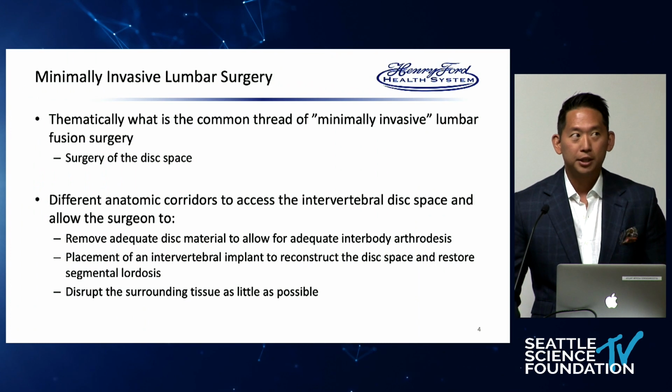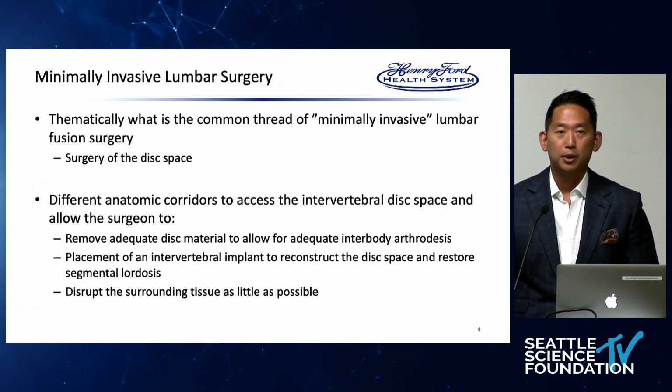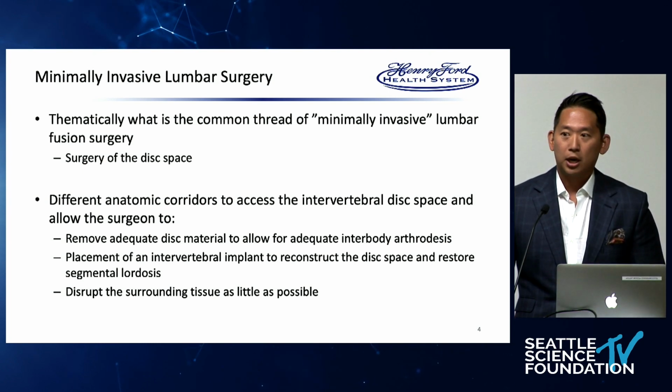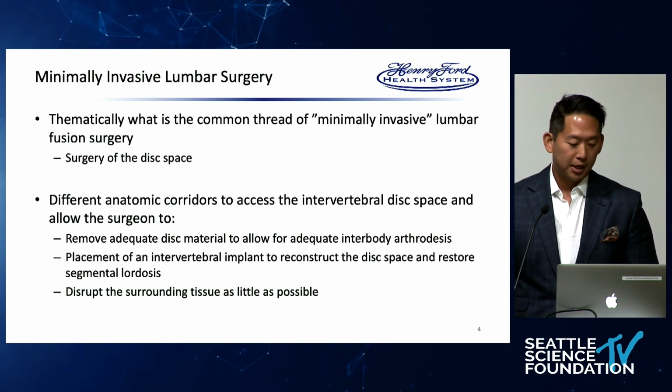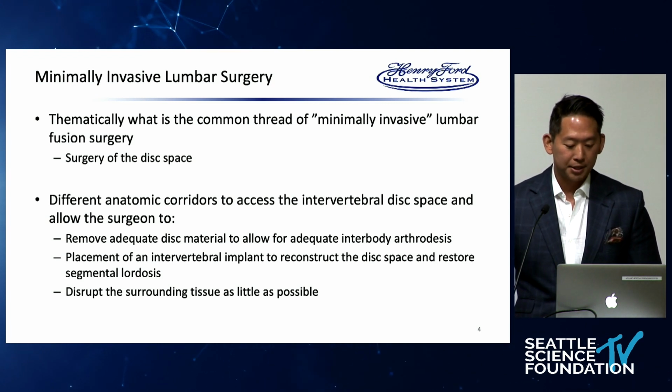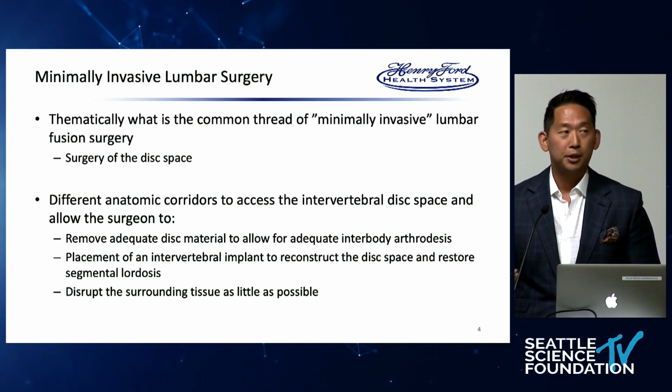So what is the unifying theme of minimally invasive lumbar surgery? When I think about it, the common thread is that we're talking about surgery of the disc space. That's where all the different lifts come in. With that, we have different anatomic corridors to access the intervertebral disc space. And then you have a few core things that you want to achieve.